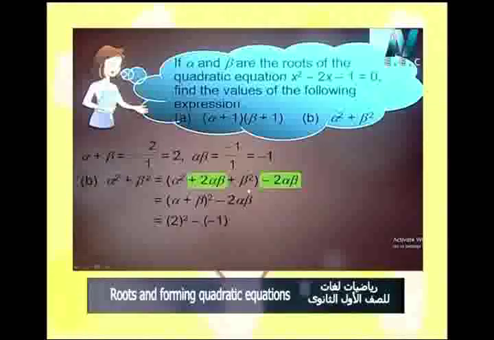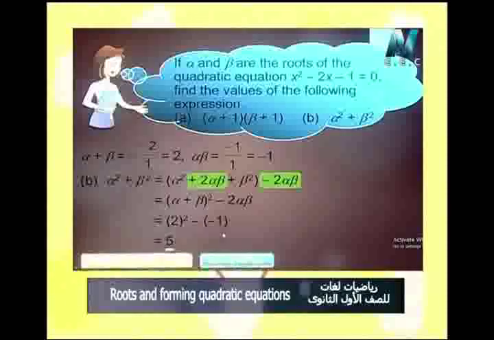They are different. So to find out the answer, alpha plus beta power 2 will be 2 power 2 minus 2 multiplied by alpha beta. Alpha beta here is negative 1, and the answer will be 5.